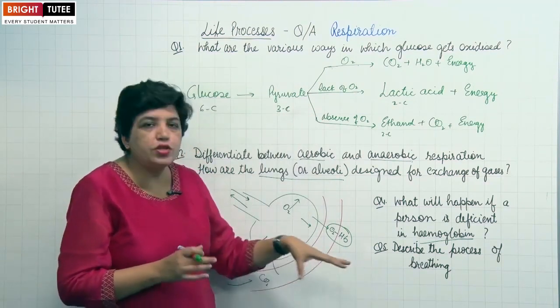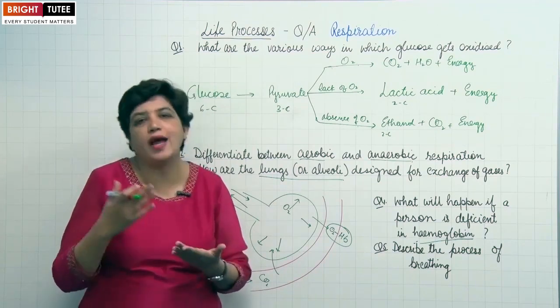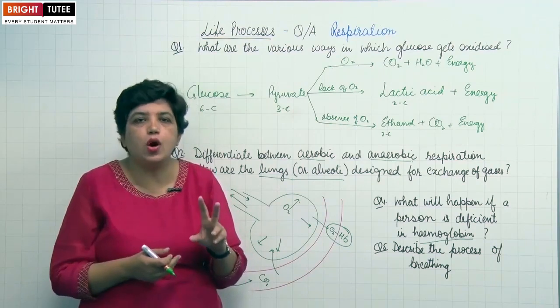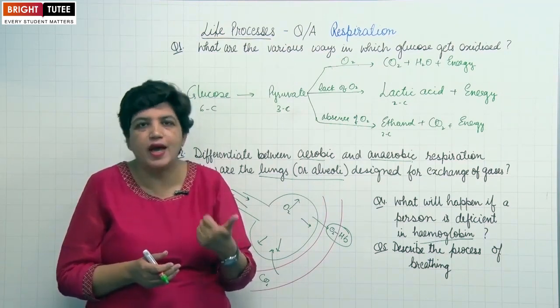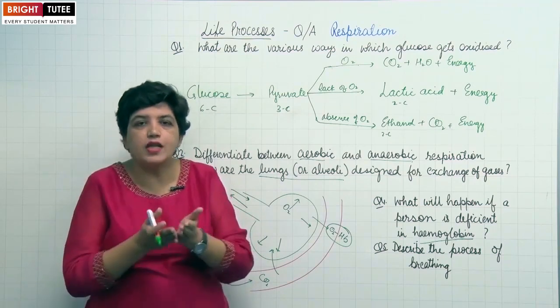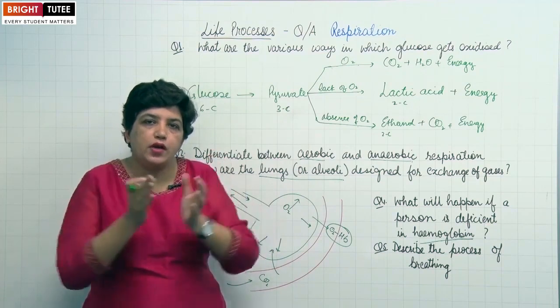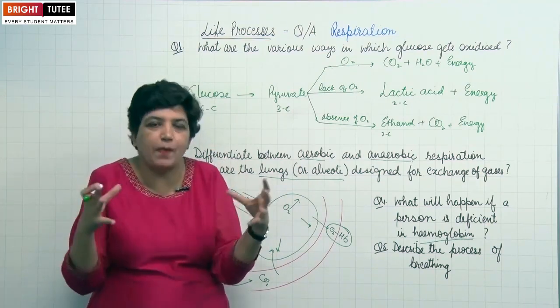So to describe the process, first you have to divide it into two parts, the inhalation and the exhalation. Now during inhalation, the two parts of the body which play a major role are the diaphragm and the rib cage. So as we breathe in, the rib cage moves upward and outward, which increases the capacity of the lung.